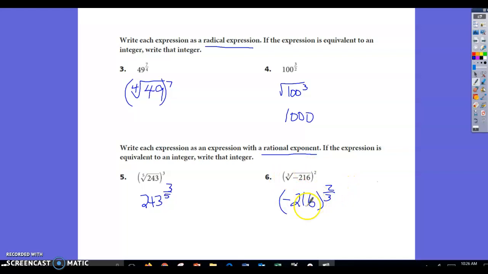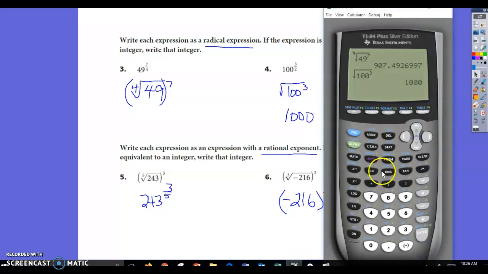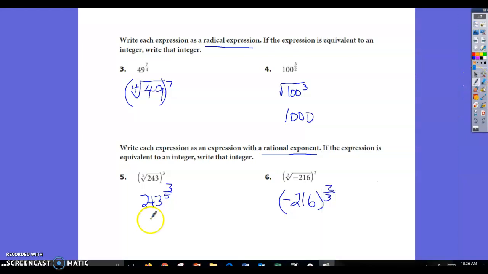Then we're going to check to see if that's an integer exponent. And if it is, we're going to write it down. So I'm going to do 243 raised to the 3/5 power. 243 to the 3/5 power is 27. So I am going to write 27 here. And let's check the other one.